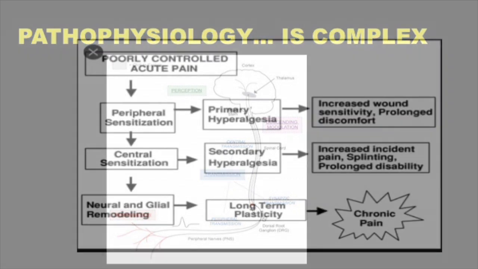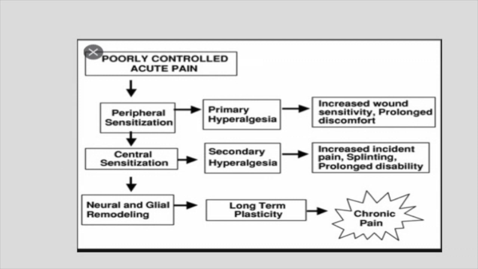So what happens is you have poorly controlled acute pain, and this is what happens with most of the sicklers. So really poorly controlled acute pain results into peripheral sensitization, and then eventually you get what we call primary hyperesthesia, which eventually is hyperalgesia, which eventually is you have pain which is beyond the stimuli that you're exposed to.